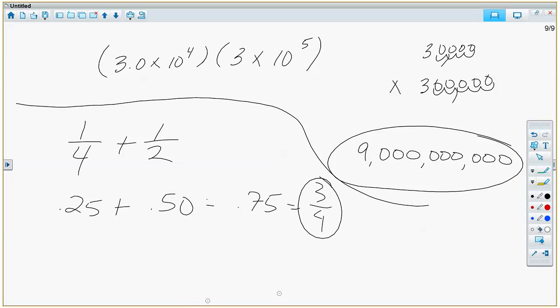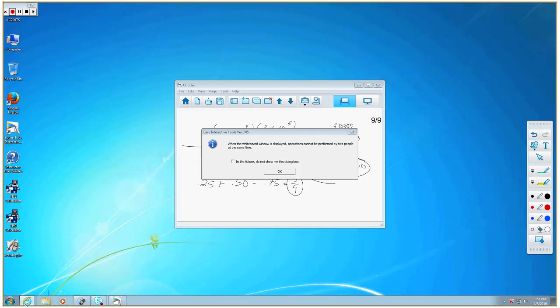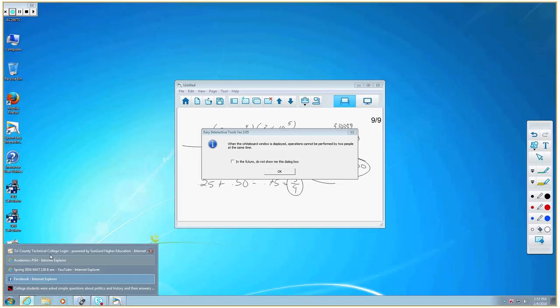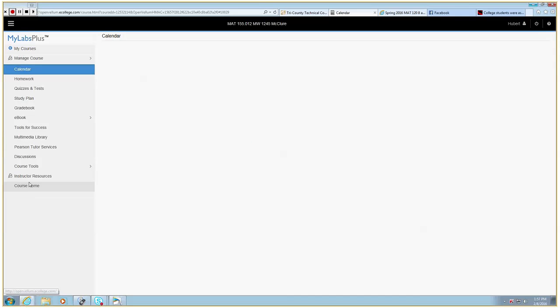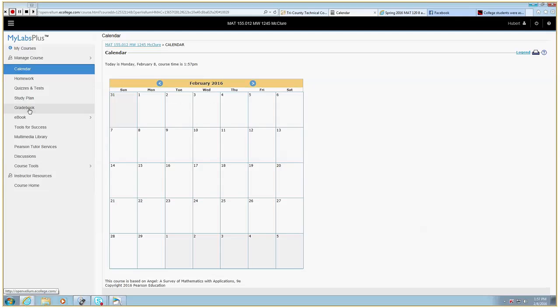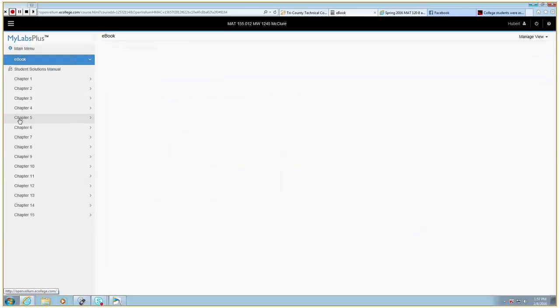Let's do nerding. First of all, y'all got to tell me what time class is over. 2:10. We'll give y'all a homework problem that y'all can work on, so y'all can see what they look like. Okay, where is it? There it is. 155. And while y'all working on it, I'm gonna call the roll. Let's see. Homework, ebook.